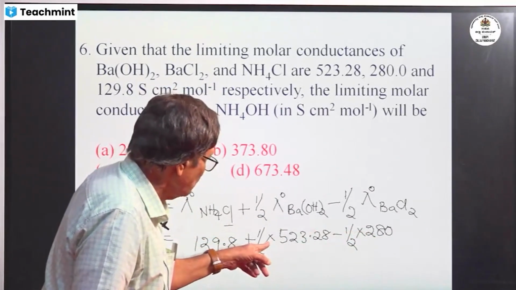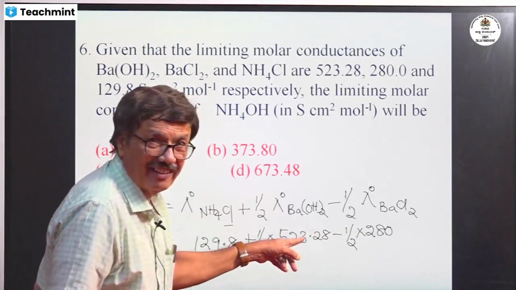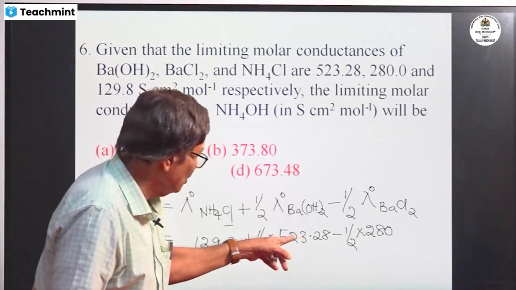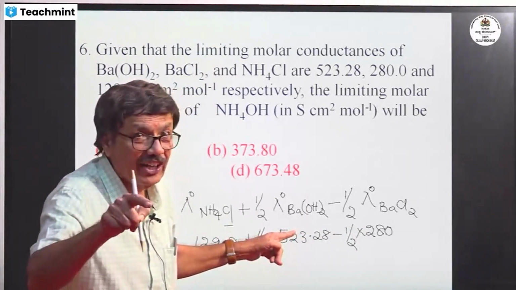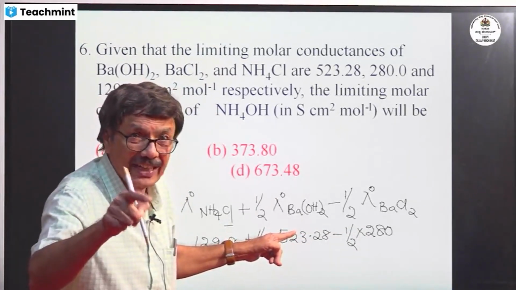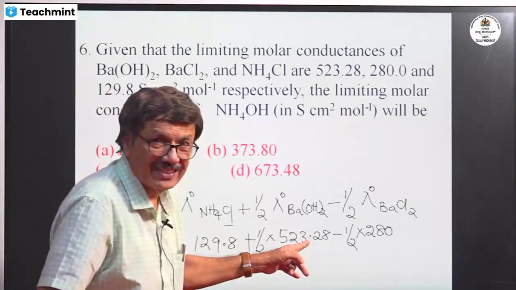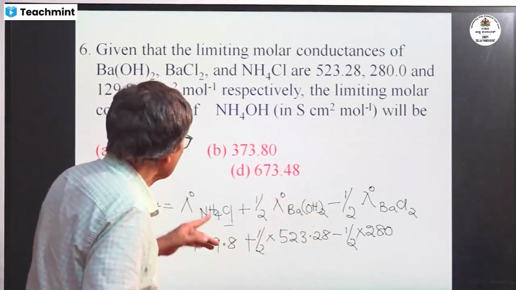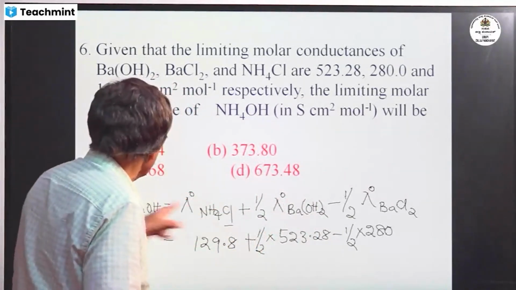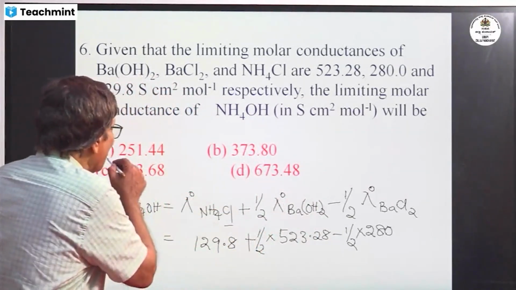Then the answer should be almost half of 523. Half of 500 is 250, half of 23 is about 10. Something like 260. So I think the first one is the right answer.